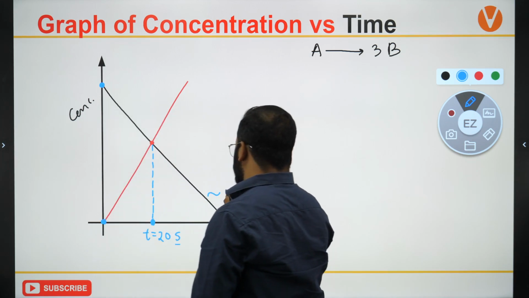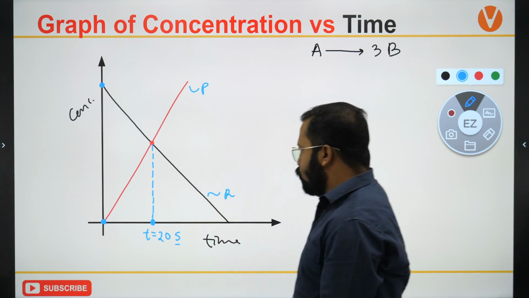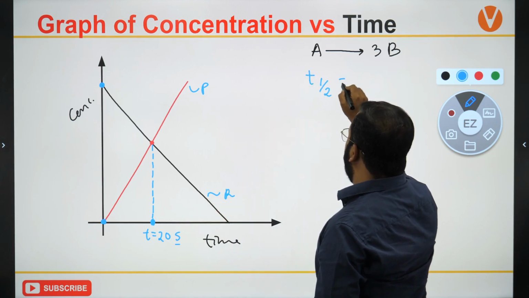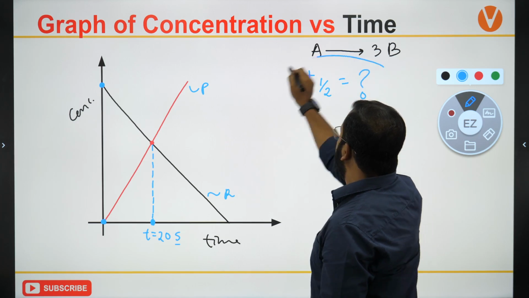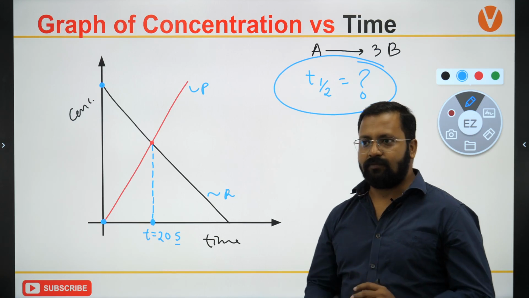This is for reactant, this is for product. You have to calculate what is the T half for this reaction.